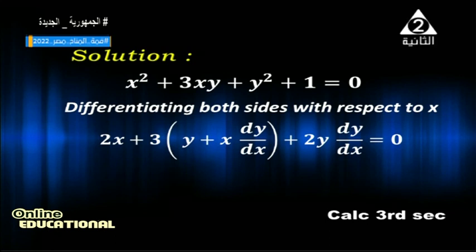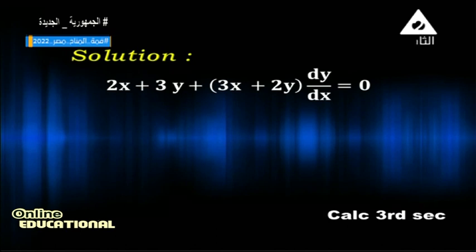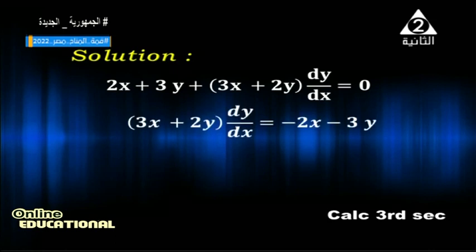Then 2x + 3y + 3x dy/dx + 2y dy/dx = 0. Taking dy/dx as a common factor, (3x + 2y) dy/dx equals -2x - 3y.